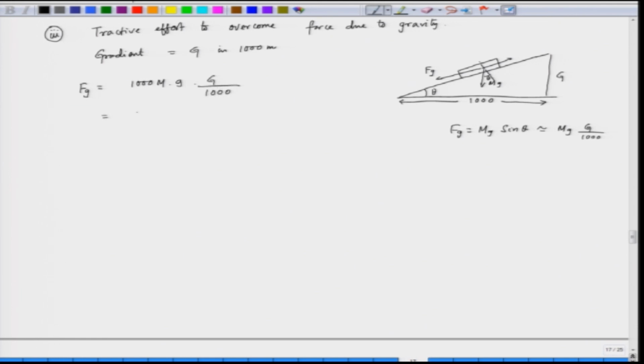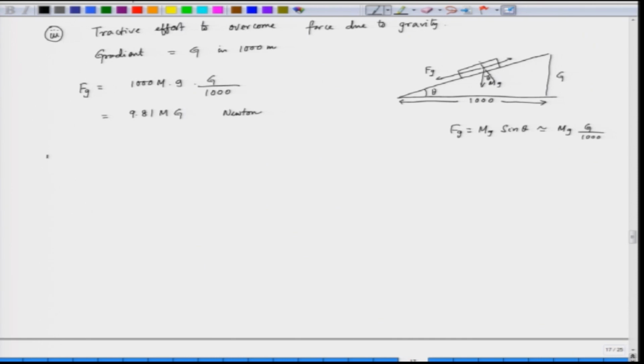So, that is equal to 9.81 m into G, and this is in Newton. So, this is about the gradient, which can be positive or negative. This is up gradient, which is positive; the down gradient we have negative.